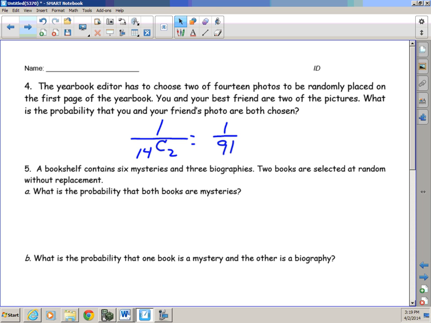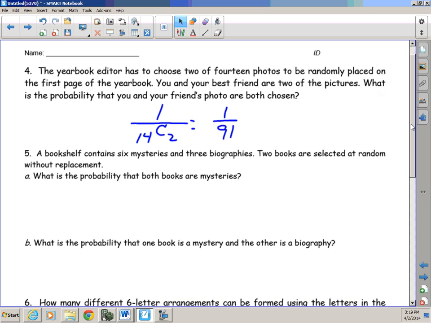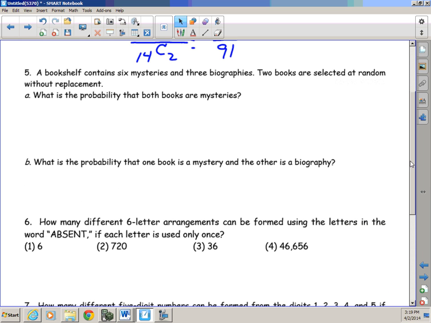Okay? The bookshelf contains 6 mysteries and 3 biographies. 2 are selected at random. What is the probability they both are mysteries? There are 6 mysteries, 2 of them are being chosen.